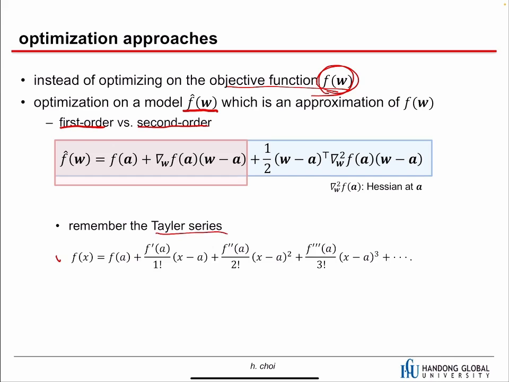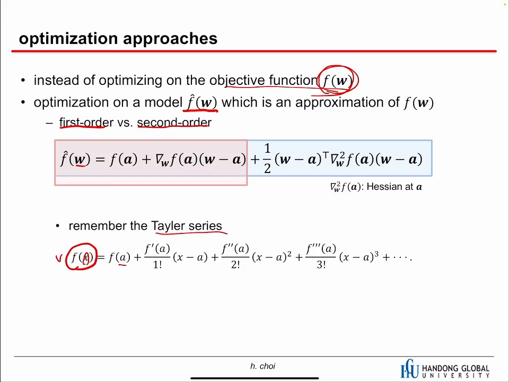Do you remember this Taylor series from calculus? When we have f of x, we can approximate this function at a. We're going to do the same thing, but in this Taylor series, x is a scalar, while in machine learning, the parameter is a vector.